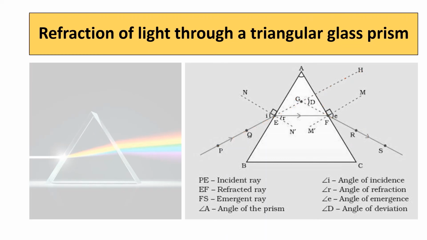It is clear from this diagram that when a ray of light enters the glass prism, it gets deviated 2 times. The first time at this point and the second time here. This is because these refracting surfaces are not parallel to each other.